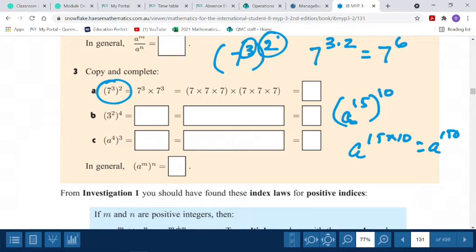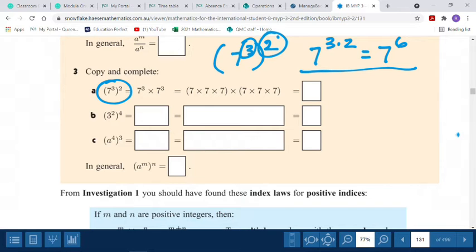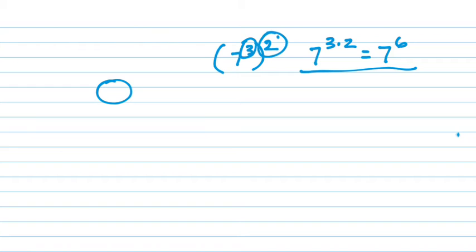But if it's to the 2nd power or 3rd power or even the 4th power, it would really be better if you expanded it. Let me show you what I mean, instead of using this shortcut. You can use the shortcut, but again, it's up to you to make sure you're using it right. If I was going to do 7 to the 3rd raised to the 2nd power, then I would just say, okay, that's a bracket raised to an exponent, right?